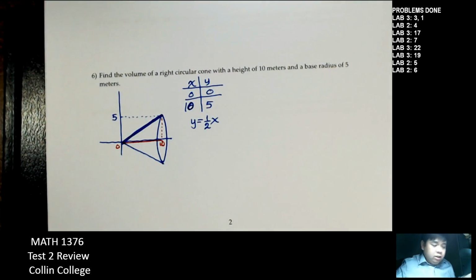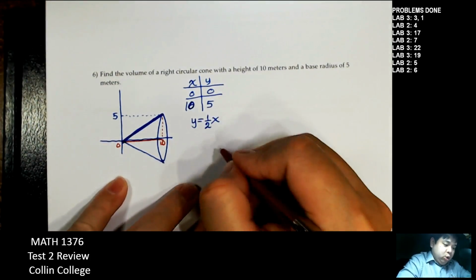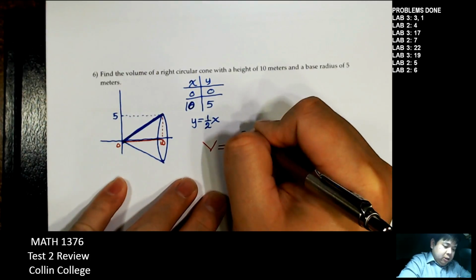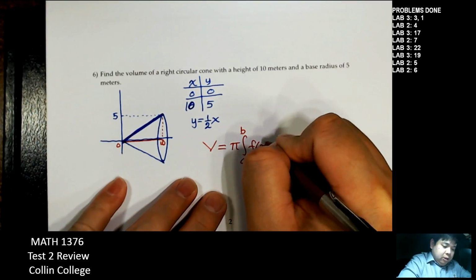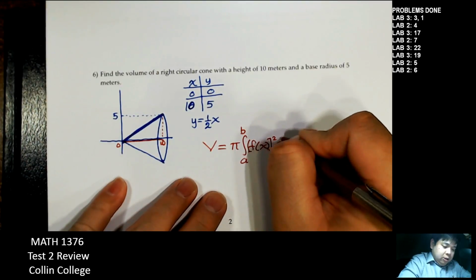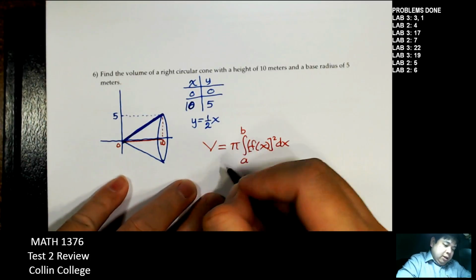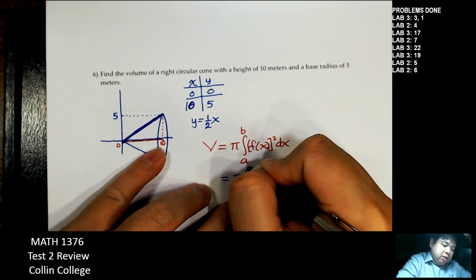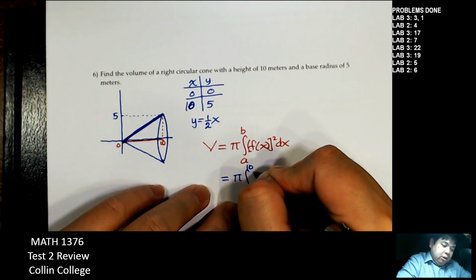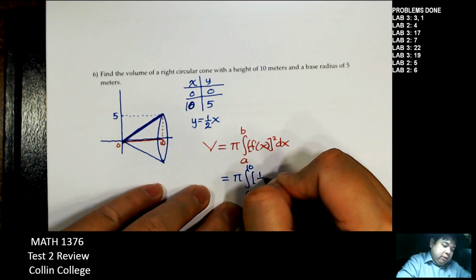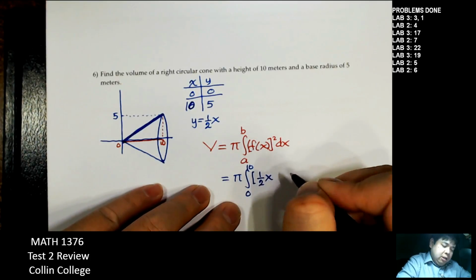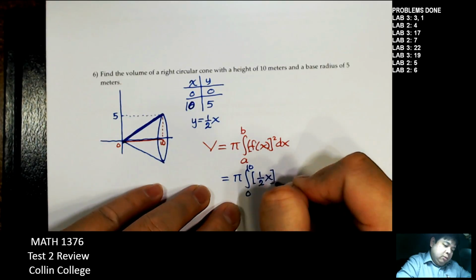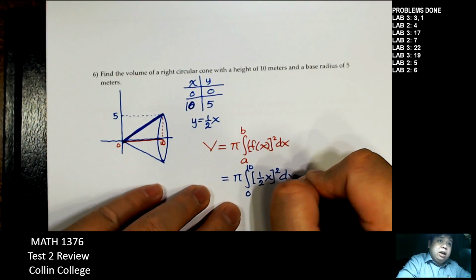And then the volume of the solid of revolution. We go from 0 to 10 for the limit. The function 1/2 x squared dx.